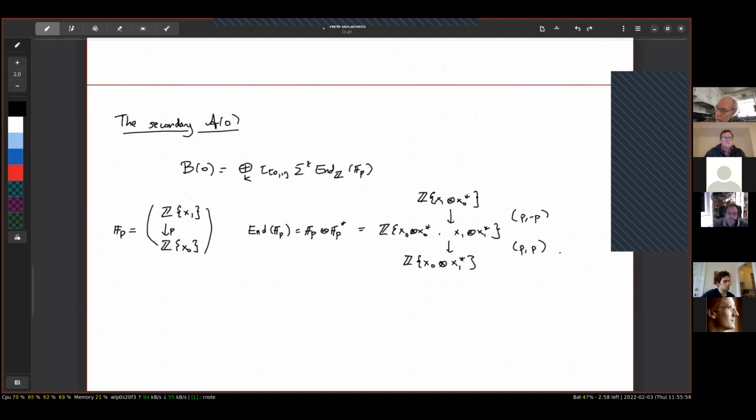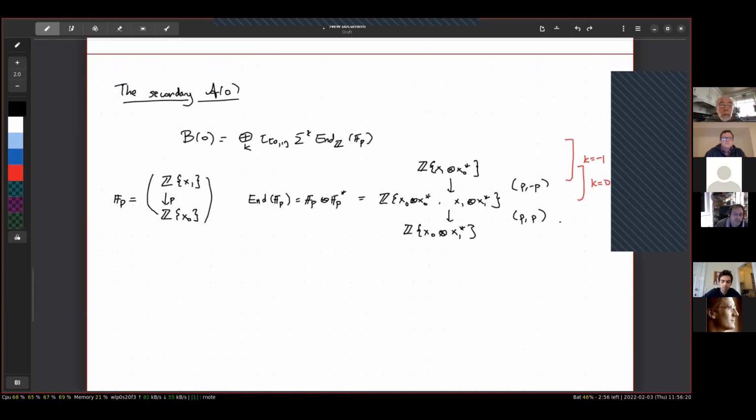Right, so now we can try to just work out all of these definitions. Let's start with the first, this is k equals -1. We're looking at this, but this map over here has no kernel. So k equals -1 is just trivial. For k equals 0, we're trying to grab this part.